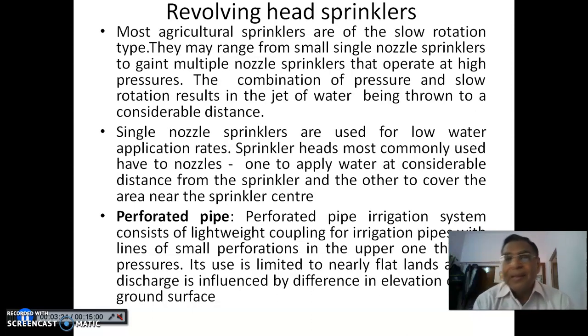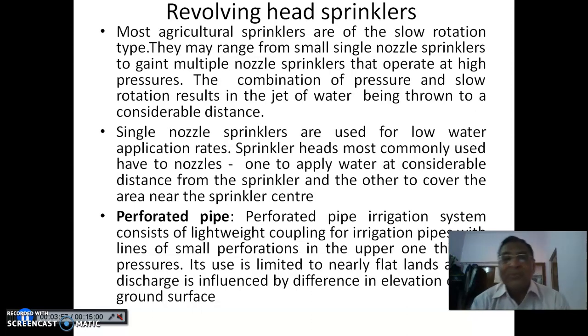Generally in agriculture we use a range from a small single nozzle sprinkler to double nozzle or triple nozzle, or even a gained multi nozzle, which we are going to discuss. The gained nozzles operate at high pressures, whereas single nozzles and others use a little lower pressure. But it all depends on the coverage.